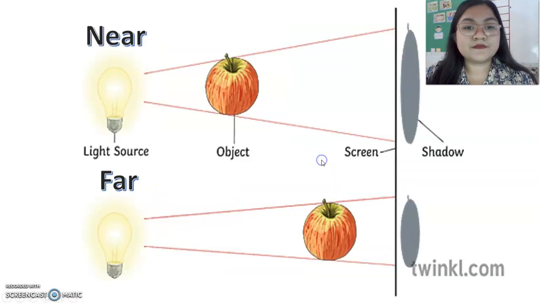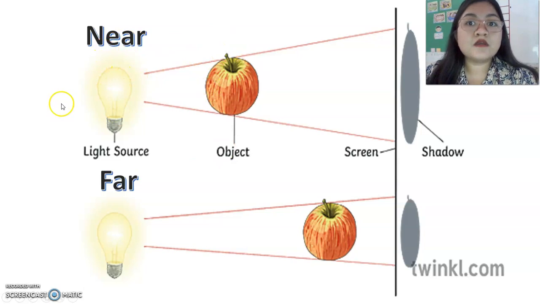Next, we have near and far. Okay, so what are the differences between near and far? So in this illustration, we have our light source, the object, which is the apple, and our screen. So what can you say about the picture? Okay, very good.